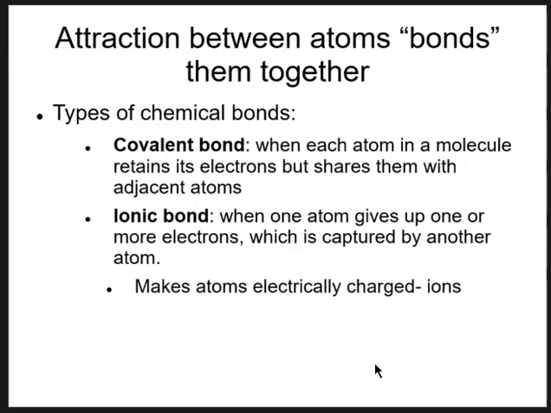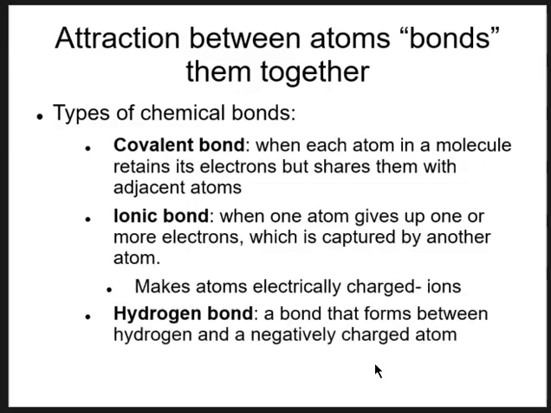And then the third type of bond is a hydrogen bond, and that is a bond that forms between hydrogen and a negatively charged atom, and that hydrogen is already attached to another atom. So you have an atom that is attached to hydrogen.